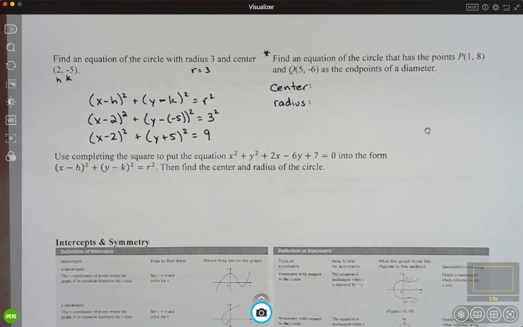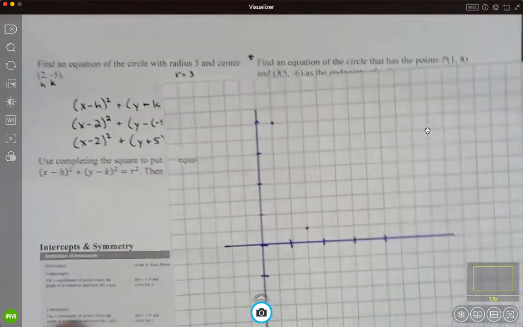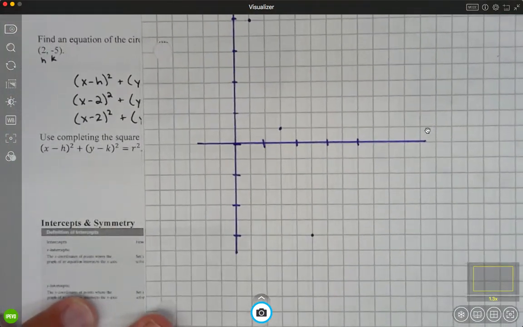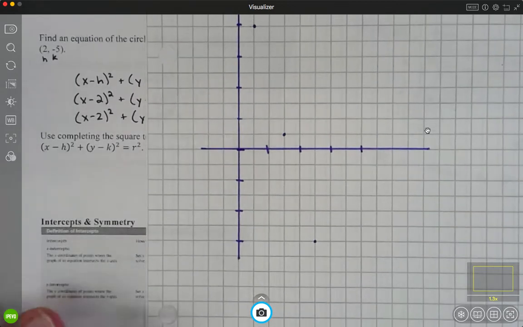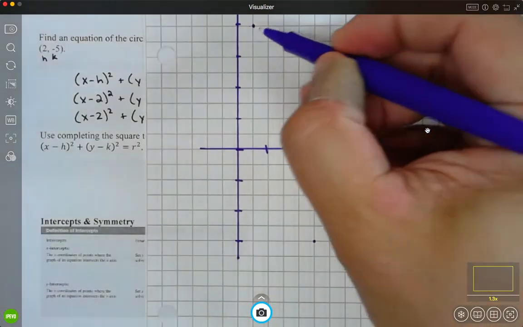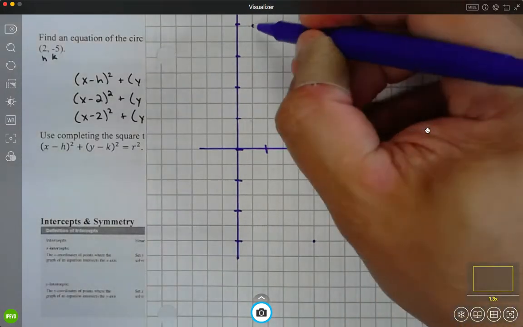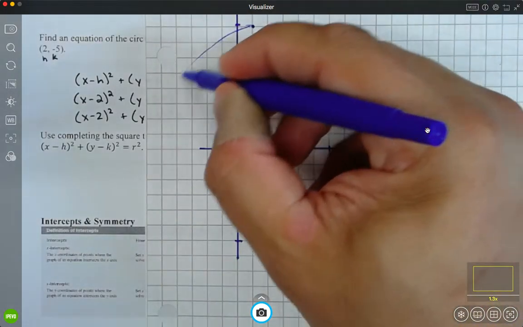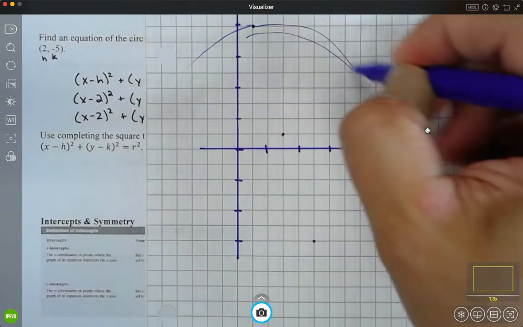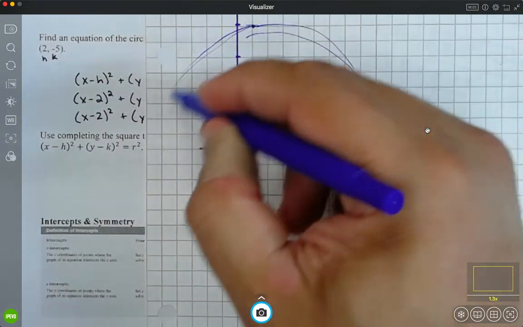I kind of made a grid to help me out. And so I drew out my endpoints. Here's 1, 8. Here's 5, negative 6. And so I could draw my circle like this. It's going to kind of go off the page. Not very good at drawing circles.